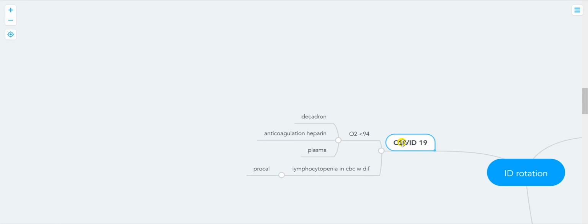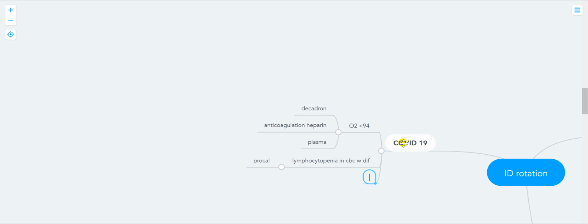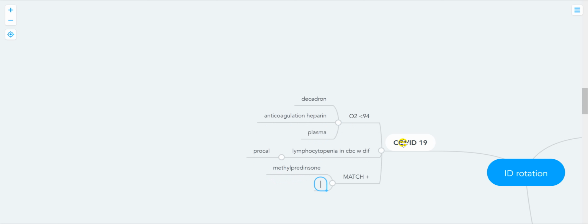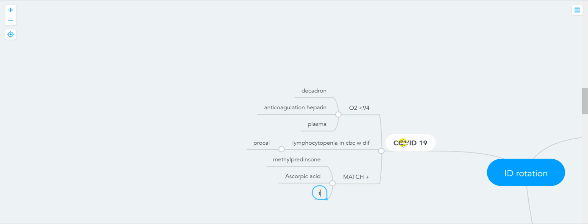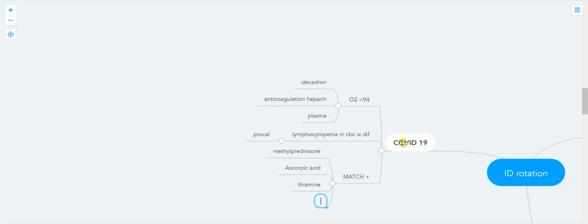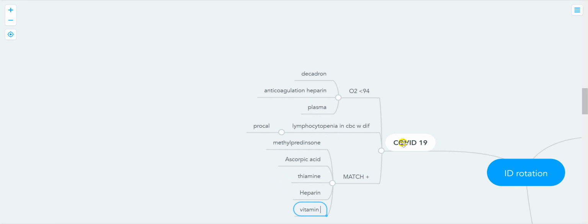And there is a mnemonic for the management of COVID-19. It's called MATH+, which refers to methylprednisolone, ascorbic acid, thiamine, heparin, plus vitamin C and anything that improves immunity.